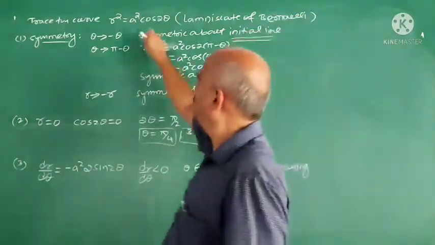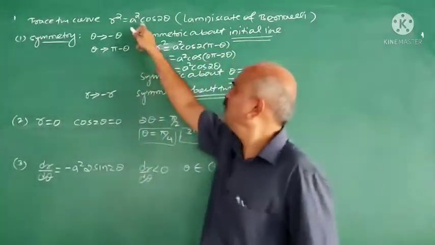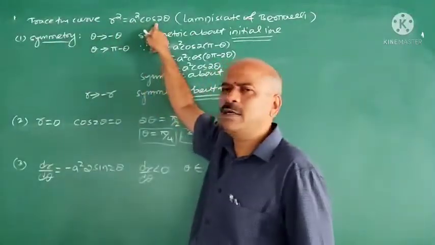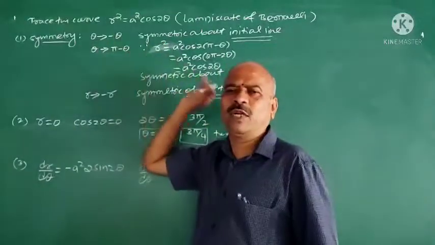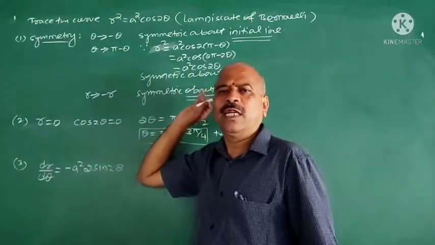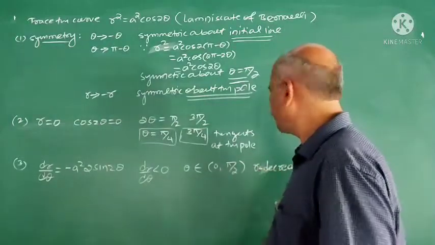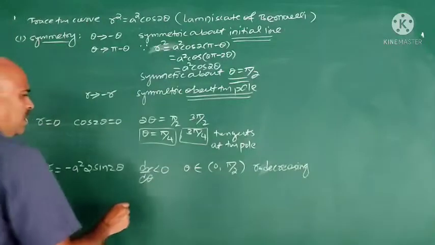R decreases from a to 0 here, because take theta is 0, what do you get? R square is a square, cos 0 is 1. R is plus or minus a, because of symmetry we get minus a also.